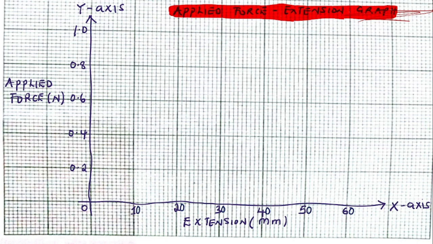So come up with a graph that looks like this, where we have got a title there, applied force extension graph. We've got the y-axis there, and the x-axis there, you've got the extension, and we also have got the applied force in Newton there. So the first thing that we'll start doing now is to plot those points on the graph paper.